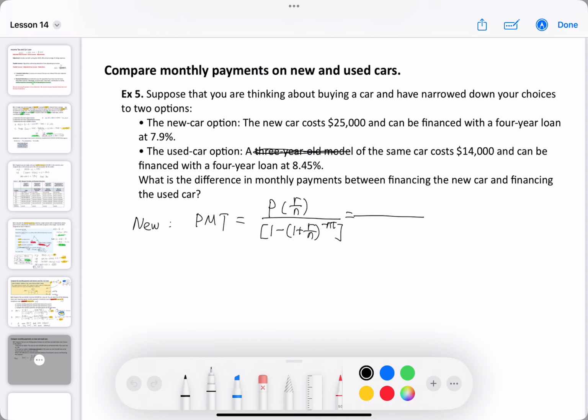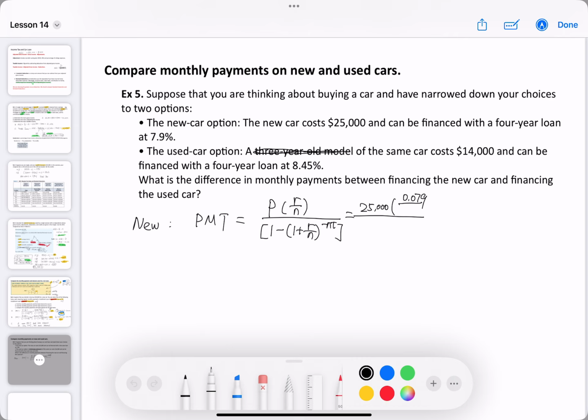And plug in the P, R, T, and N. So P is the new car, which costs you $25,000, multiplied by the rate of the new car, which is 0.079. So convert your percentage to decimals.